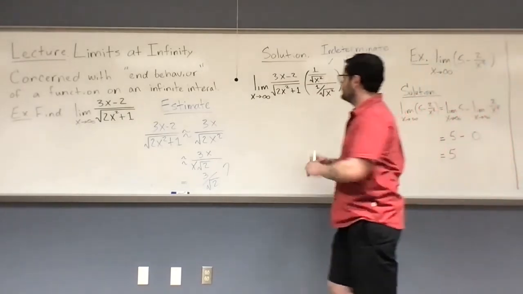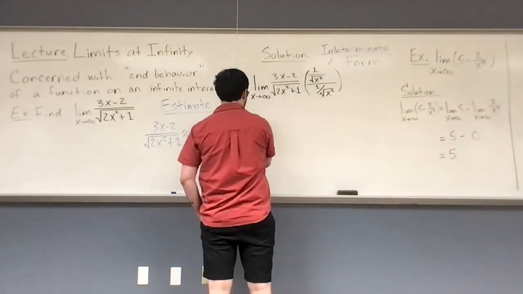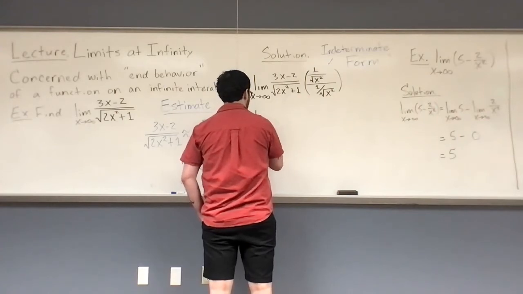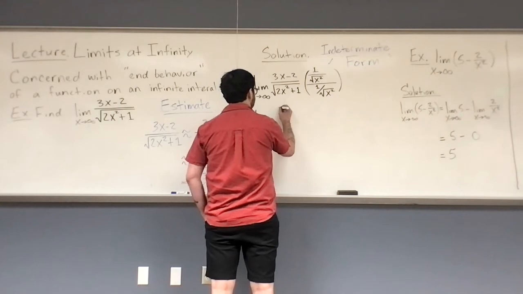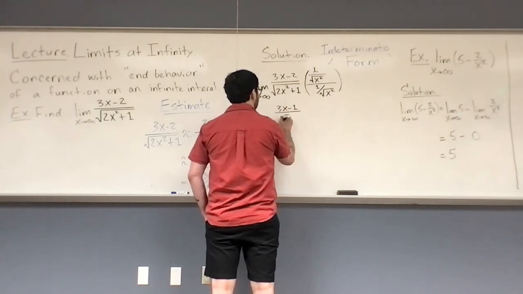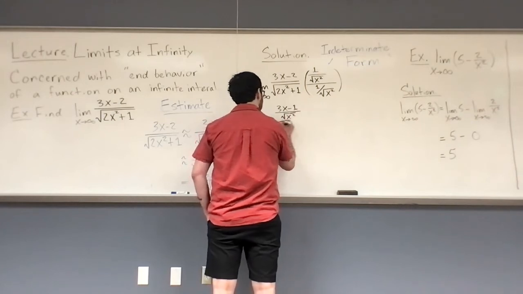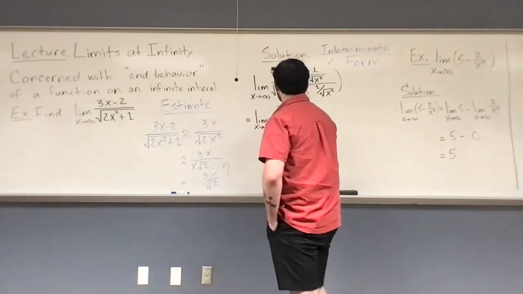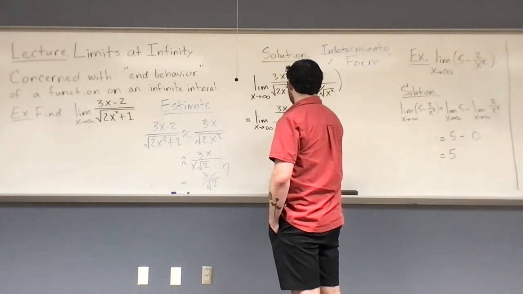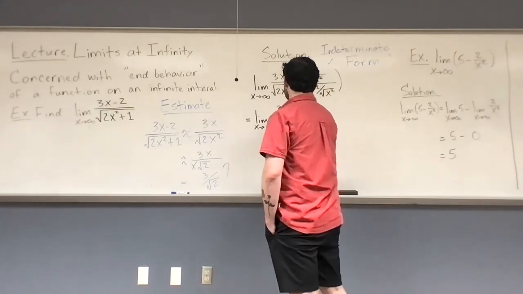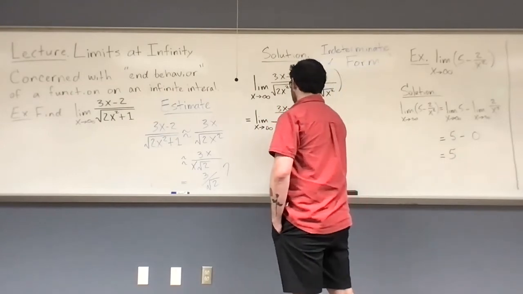We'll have constants divided by x. And here in the bottom, we'll see this. I'll just write it out. Limit as x goes to infinity of 3x minus 1 all over root x squared, all over root 2x squared plus 1 divided by root x squared.